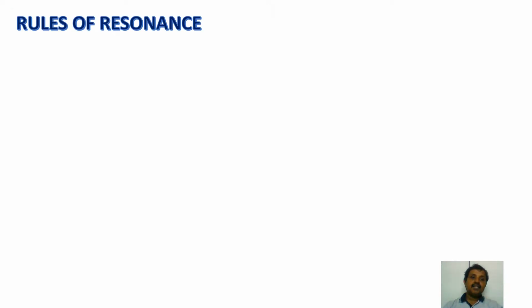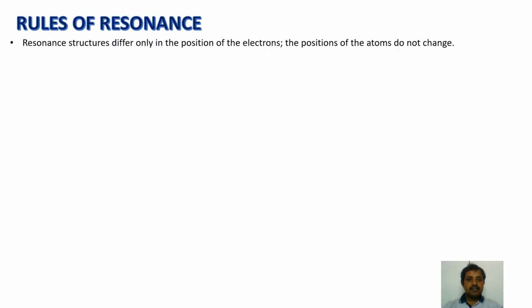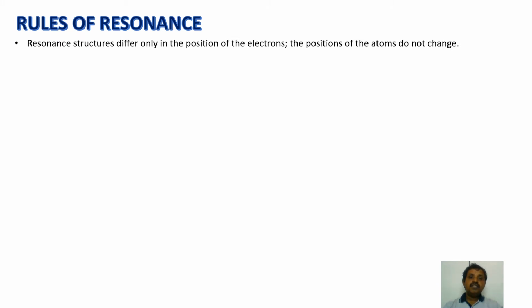Now let us consider the rules of resonance. The first rule is that resonance structures differ only in the position of the electrons. The position of the atoms does not change. Only the pi bonded system, that is the double bond, undergoes a change. That is, movement of the double bond will be observed, but there will be no movement of the atoms.